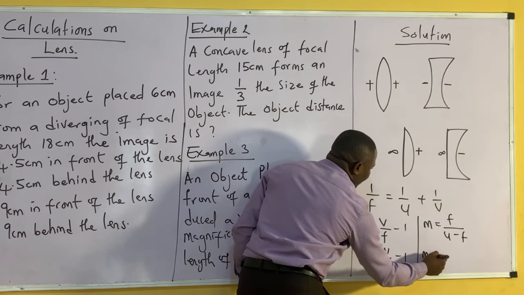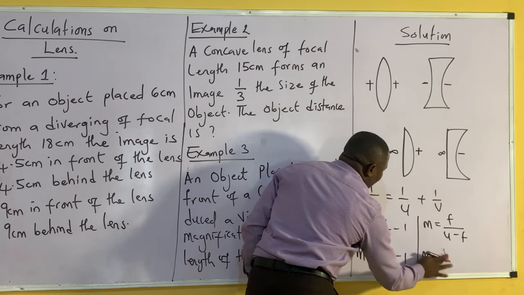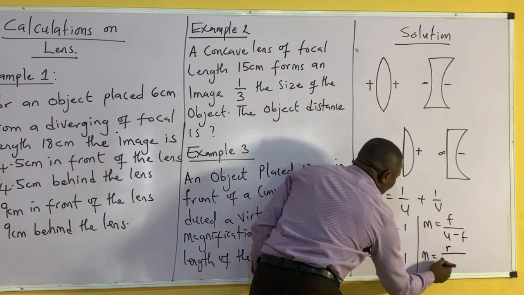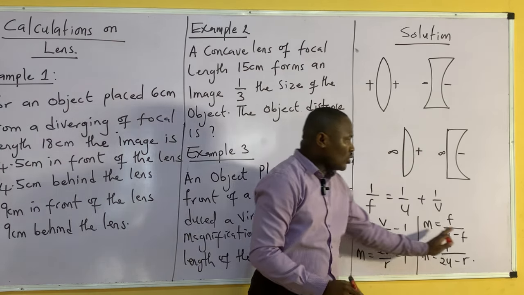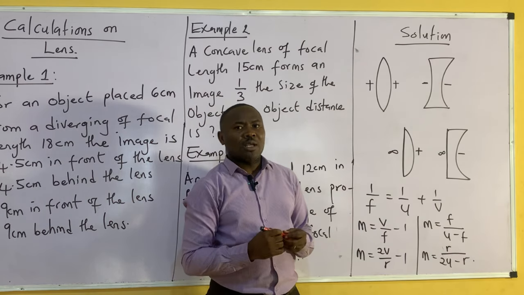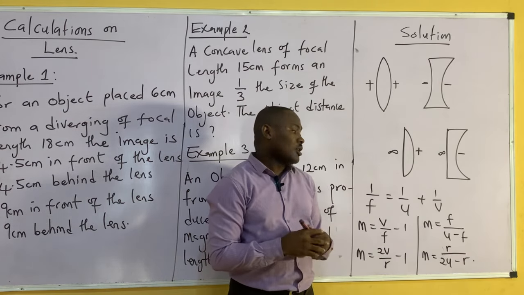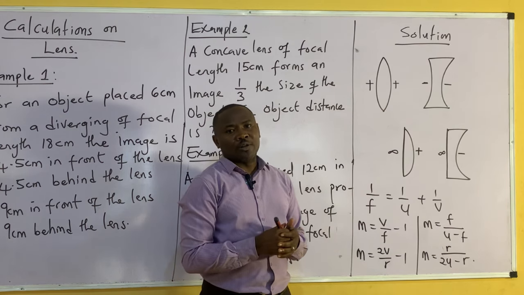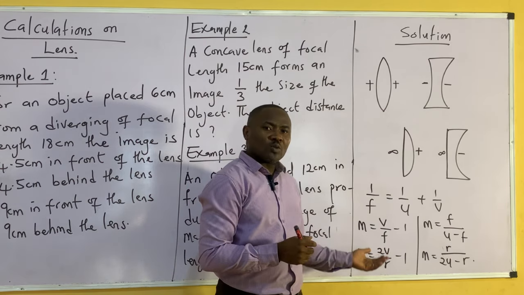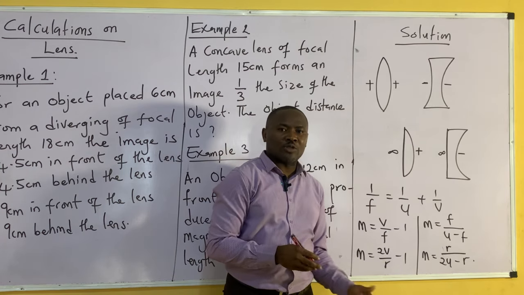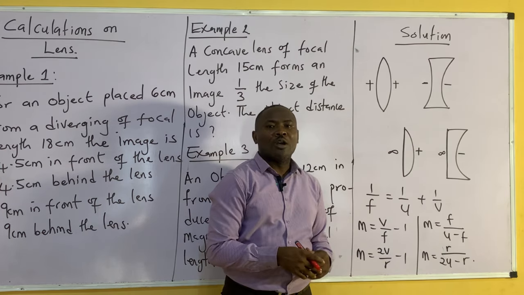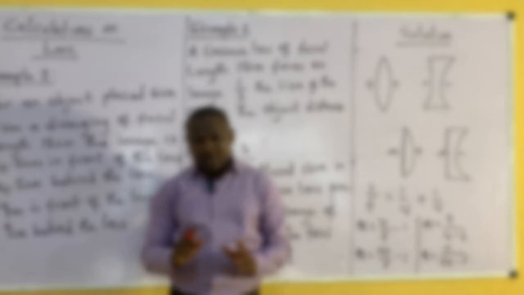And we have magnification equals R over 2u minus R. These formulas will also be important as we look through questions in calculation of lenses. Why? Because in a case where magnification is given to us, we'll need these formulas to hasten the calculation. Now let's look at example 1.